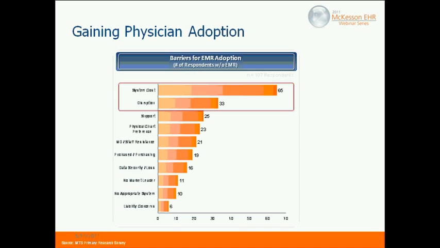Because one of the things I constantly hear from physicians is, I don't type, I don't necessarily use a computer. So what is there for me to be able to use an EMR that's going to help me overcome some of those barriers? And so, as much as you can, minimize that disruption.